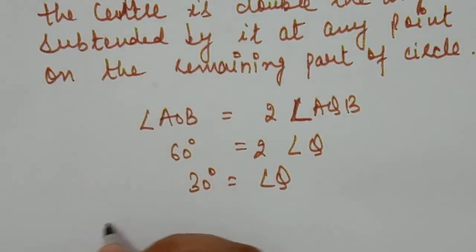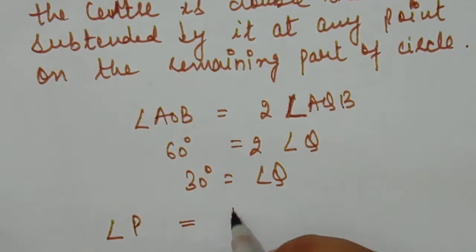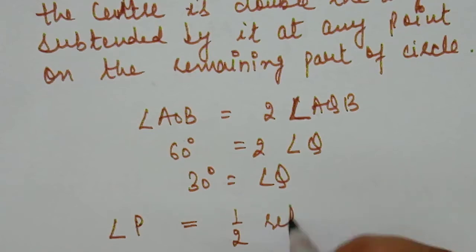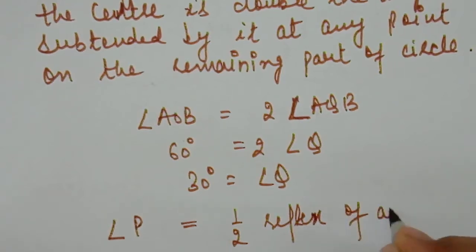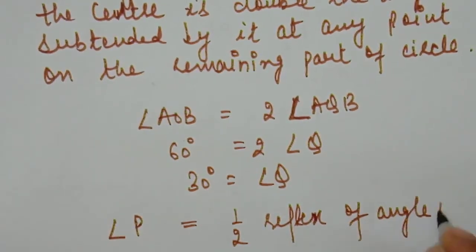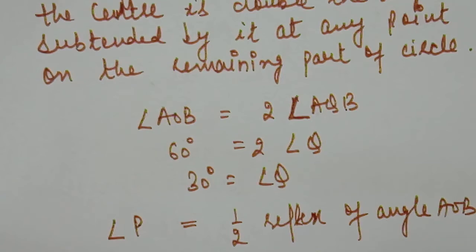So we have to find angle P now. Angle P is equal to half of the reflex of angle AOB. Half of the reflex of angle AOB means half of 360 degrees minus angle AOB.